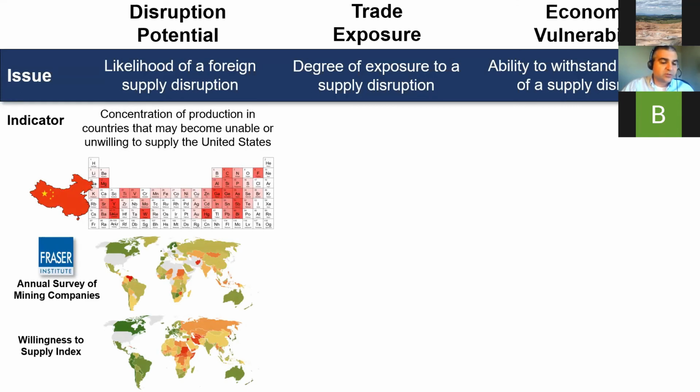It's a survey of mining and exploration executives about something on the order of a dozen or so policy factors, including availability of labor, political stability in the country, uncertainties regarding regulations, taxation, the quality of the geological database, to tell us whether or not this country is an attractive jurisdiction for companies to continue operating in. And so we use that as a proxy for judging whether or not a country might be able to continue to supply the United States.